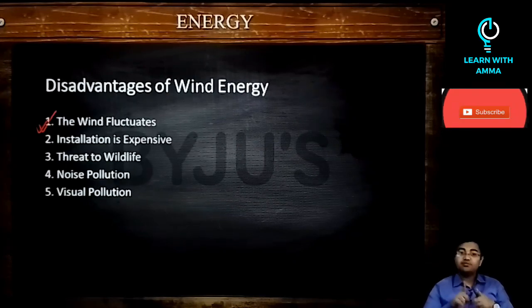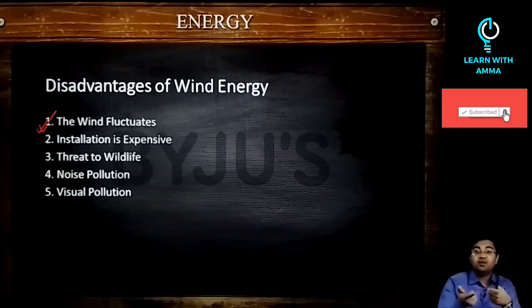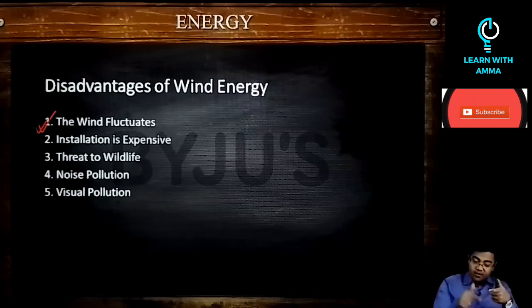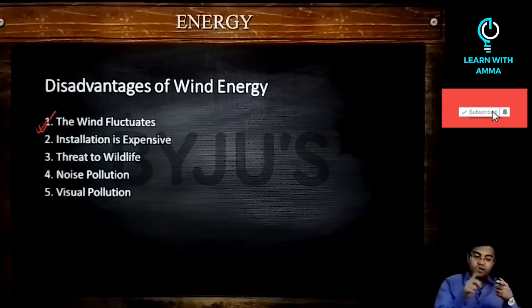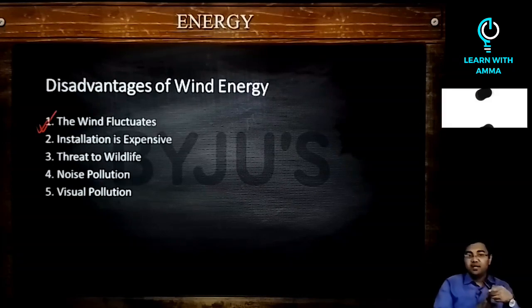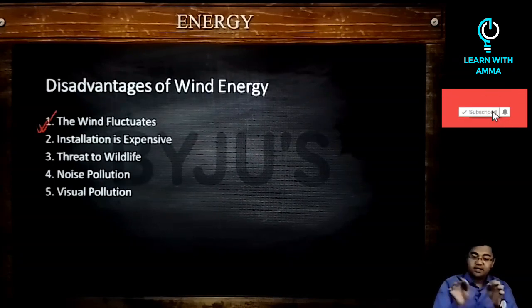And this can cause serious problems for the developers of wind turbines, who will often spend a very significant amount of time and money investigating whether or not a particular site is suitable for generation of wind power. That's why this becomes one of the huge disadvantages associated with wind energy.